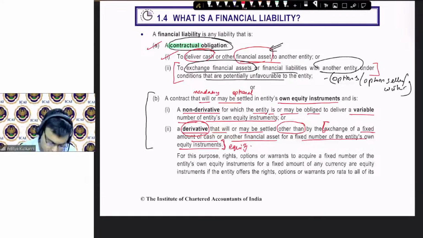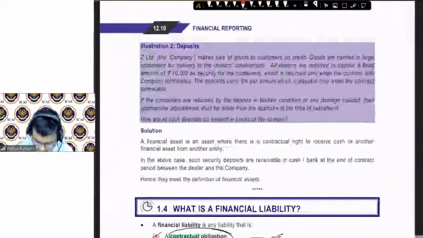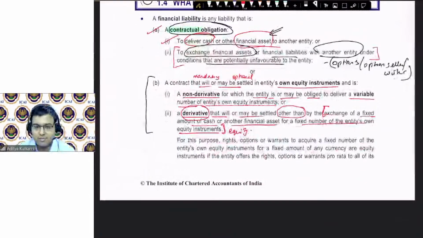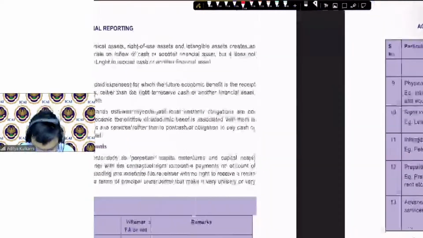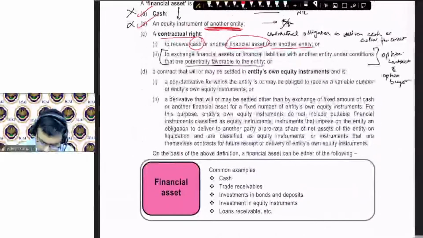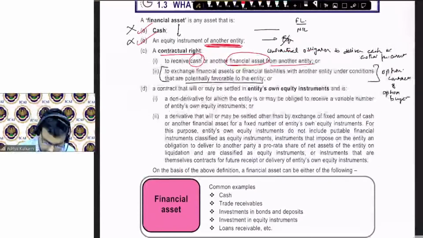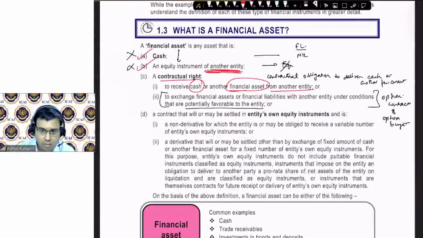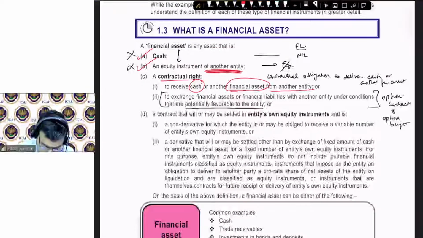Okay, fine. Now, the same definition is there for financial asset also. You can have a look here. A contract that will or may be settled. See, this is financial asset. Will or may be settled in the entity's own equity instruments.